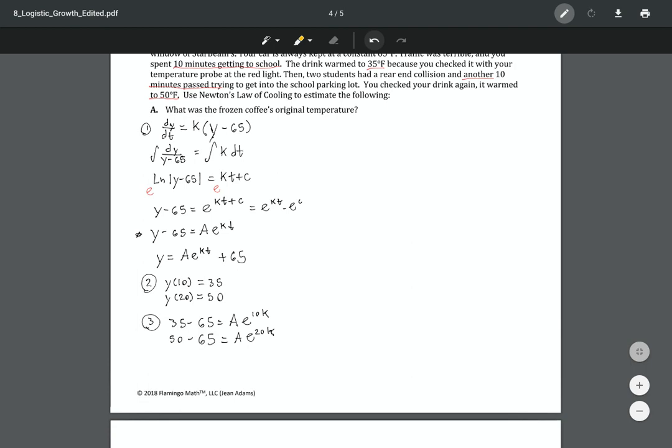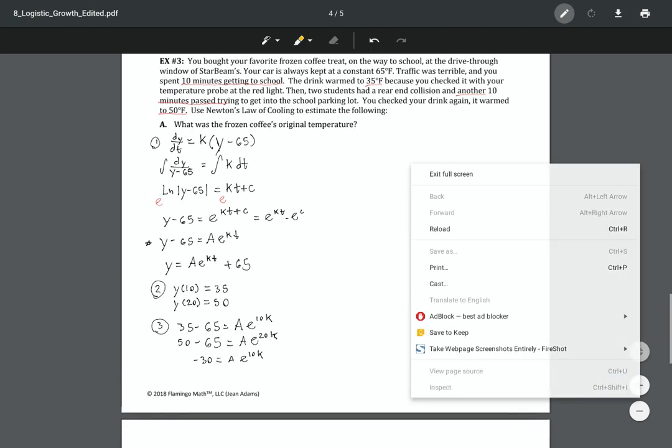And again, I'm trying to solve for k. We can actually do a ratio here, which is what I'm going to do. It doesn't really matter which way you do the ratio. You can put one on top of the other, in no particular order, and this will work out.